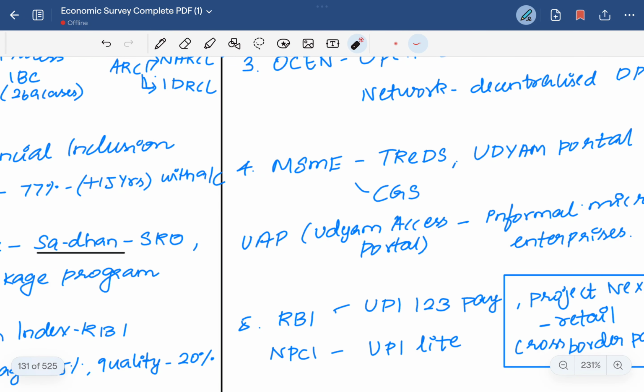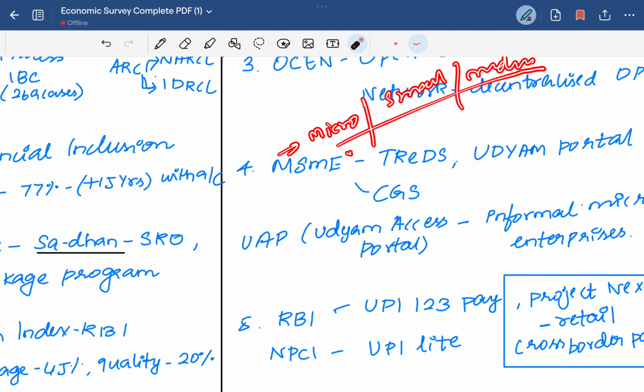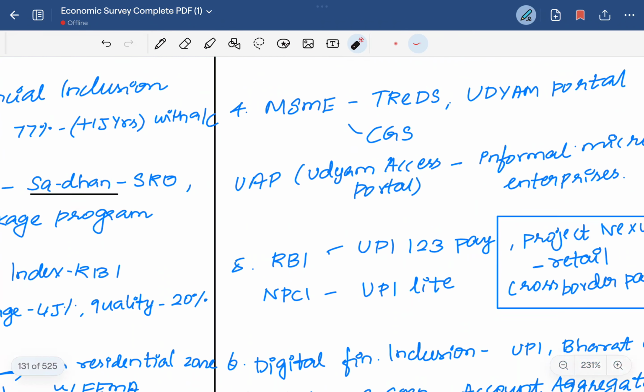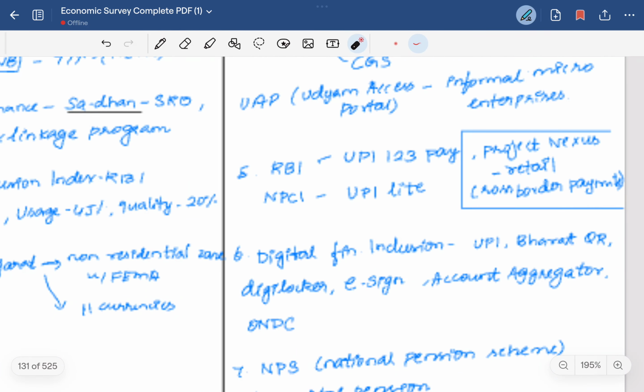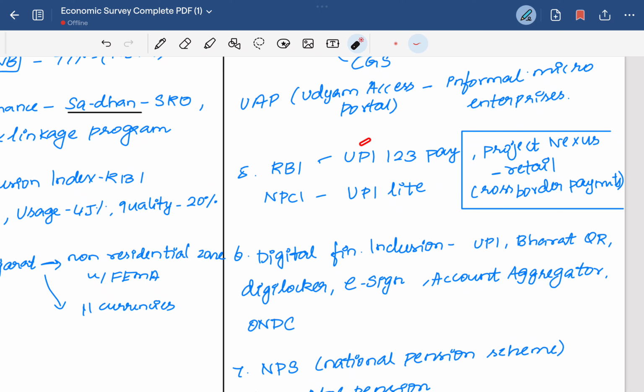I would also like to suggest recalling the micro, small and medium enterprises and their values, like 5 crore, 10 crore and 50 crore of net worth and investment, so that it would be easy to classify them. Then the RBI measures like UPI 123 Pay, which is for feature phones' financial transactions.